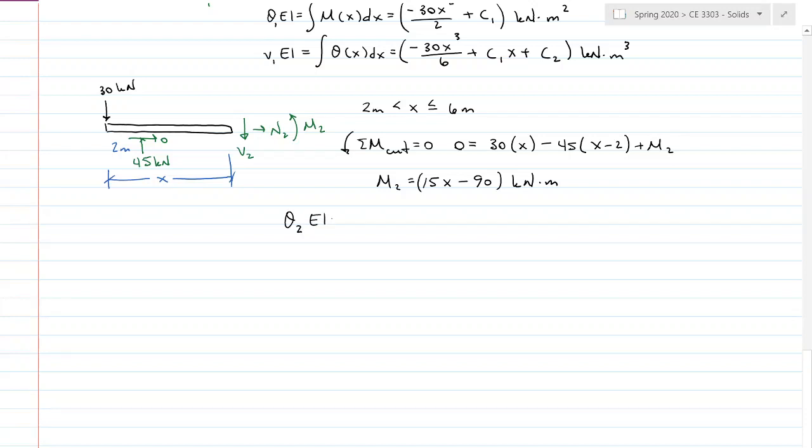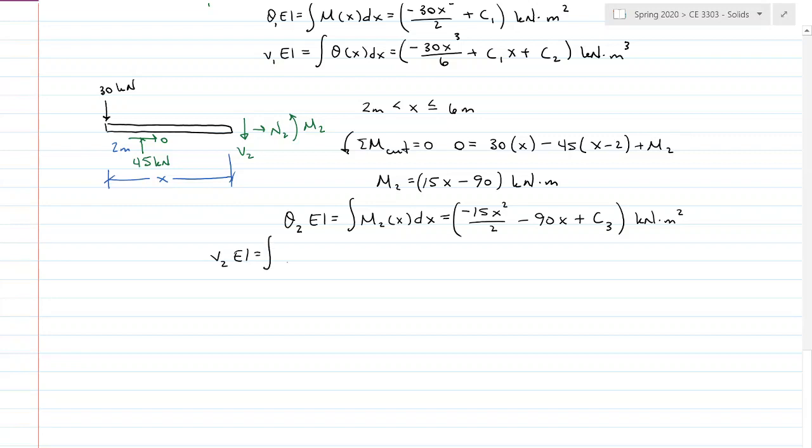Okay, so my slope 2, oh, I'm not doing very good on subscripts, add 1s up there. Slope 2 EI is equal to the integral of M2 dx, which is equal to negative 15x squared divided by 2 minus 90x plus constant 3. This is a new constant, so it gets a new subscript, kilonewton meters squared. And then my vertical deviation, I'm going to scooch this over a little bit more.